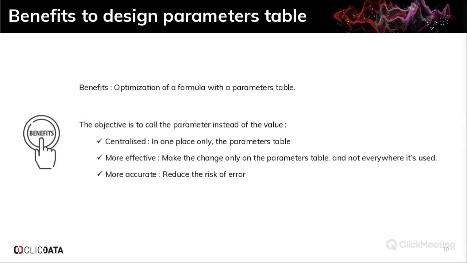So here we are sure that the data are centralized, in one place, the parameters table. And so when there is some evolution, it's easy to change it in one place instead of in all the formulas. In the meantime, it's more effective because for sure it's quicker, and it's more accurate because you reduce the risk of error.